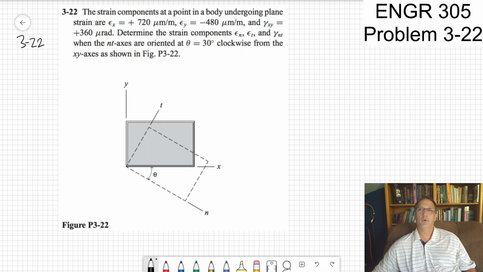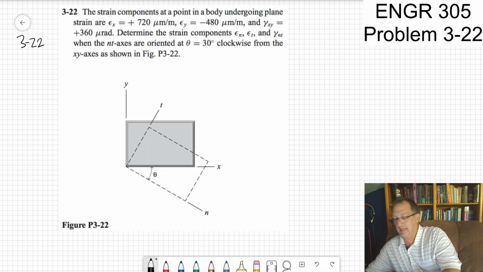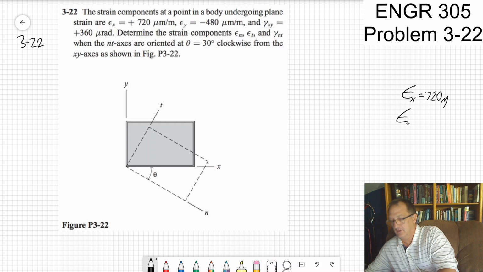The strain components at a point in a body undergoing plane strain are: strain in the x direction is equal to 720 micro, the strain in the y direction is equal to a negative 480 micro, and the shear strain in xy is equal to 360 micro. I've got to rewrite that, it's too sloppy.